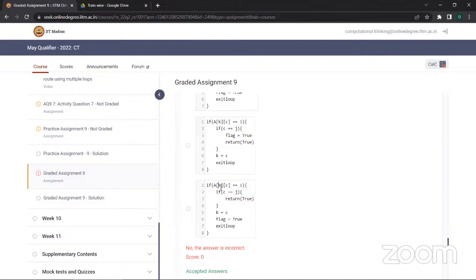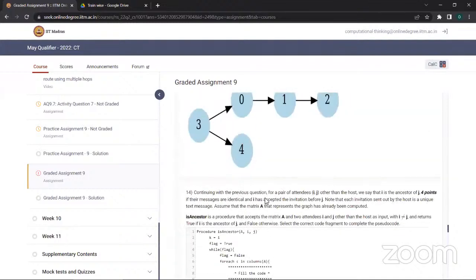So ultimately what we are checking is whether there is an edge between I to C or not. If that is the case, then we are checking C to J. That means we checked from I to C, C to J. Means we are checking I to J only.